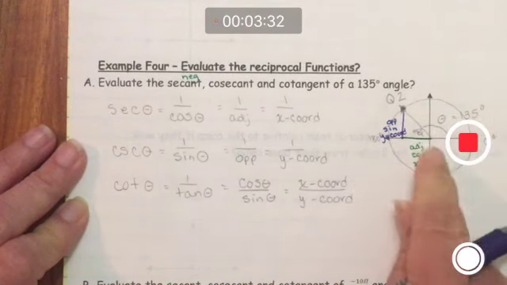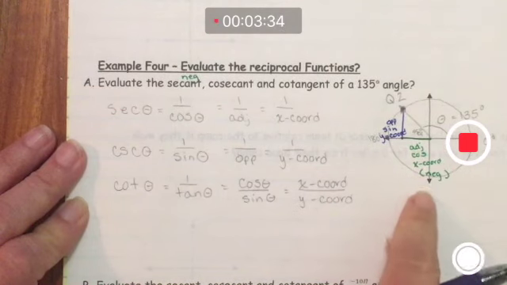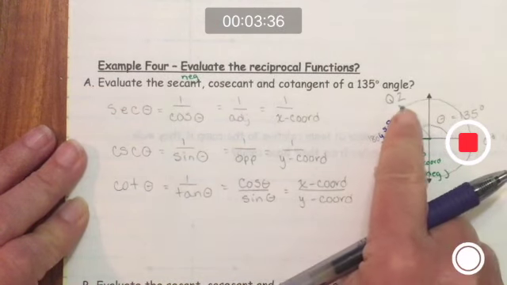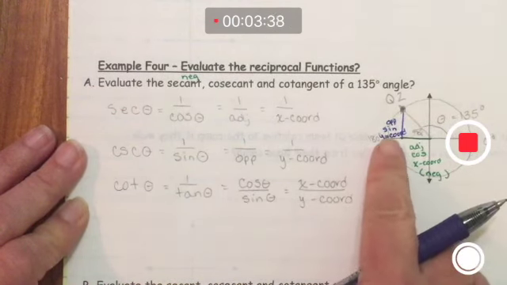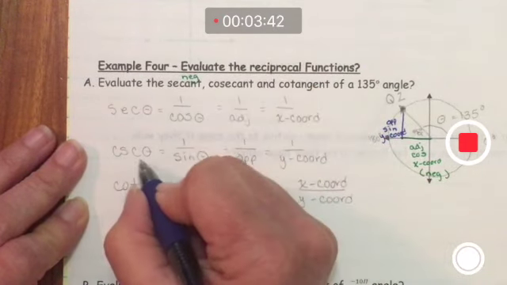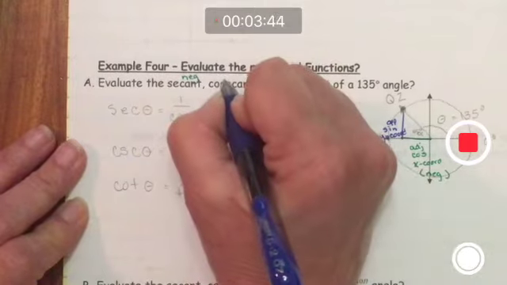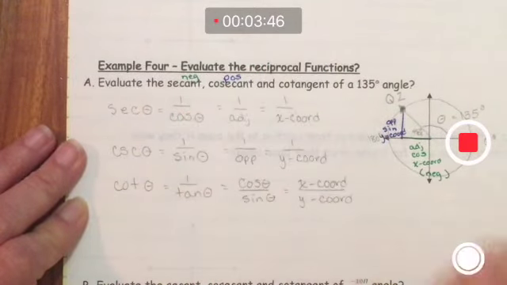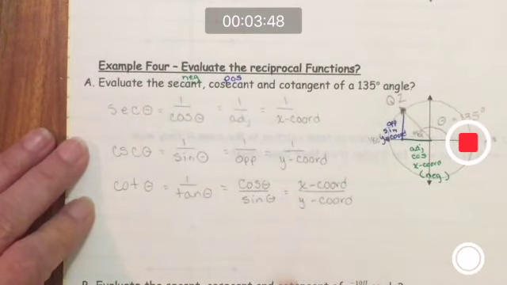Well, notice that from my origin, I went left, which gave me a negative x-coordinate, and then I go up, which gives me a positive y-coordinate. So my cosecant, which is the reciprocal of my sine, is going to be positive. The sine or y-coordinate is positive, so my cosecant will also be positive.